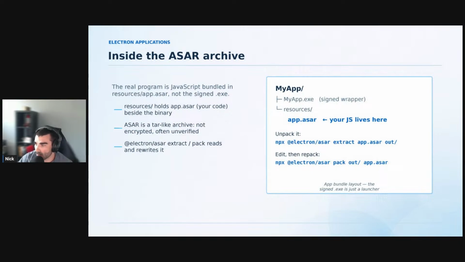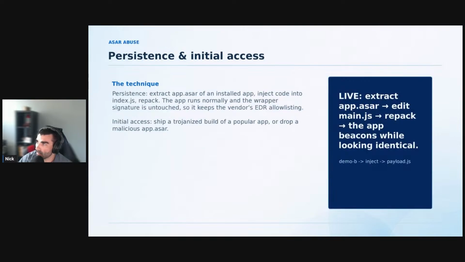That would be a persistence method, which I covered in, I think, episode 3 of this series, where Plone CMS was hit with an NPM malware that basically looked for all the Electron apps on your computer and tried to replicate itself into them to maintain persistence. So it's definitely used in that way.